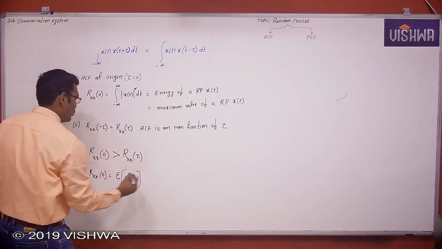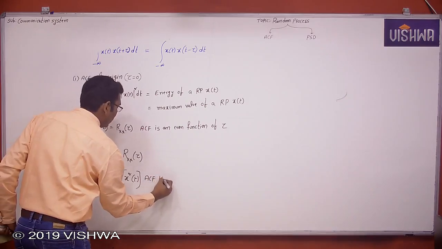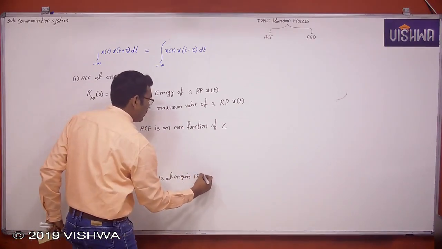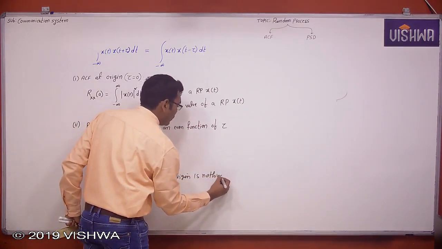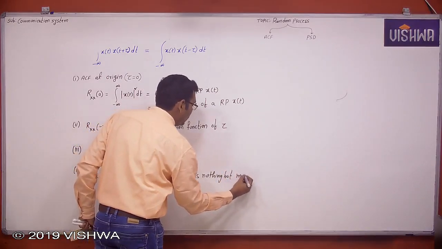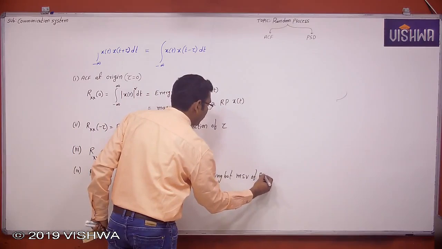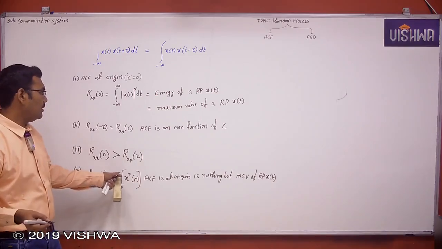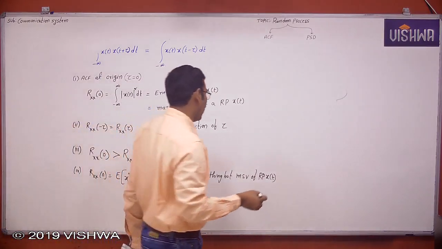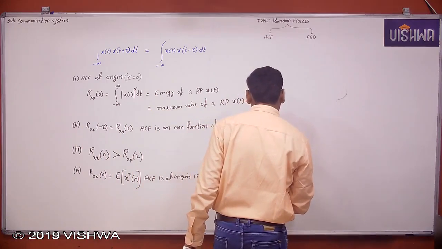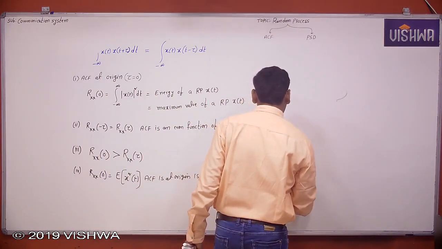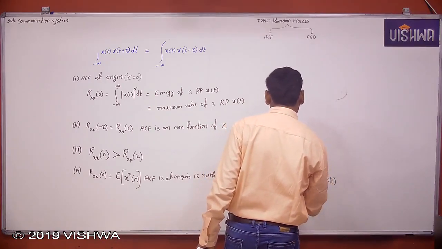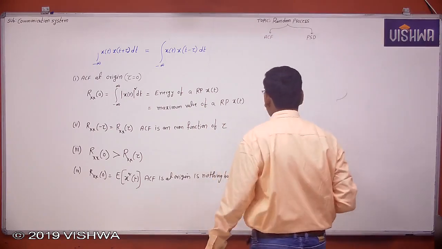So autocorrelation function at origin is nothing but the mean square value of random process x of t. The mean square value of a random process is nothing but the total power of the random process x of t.